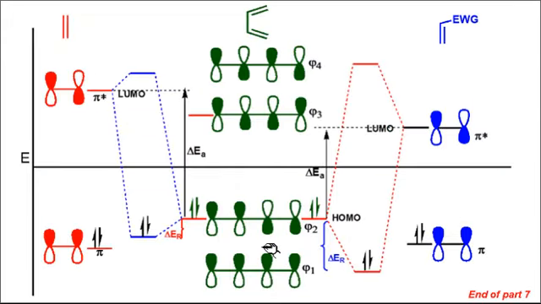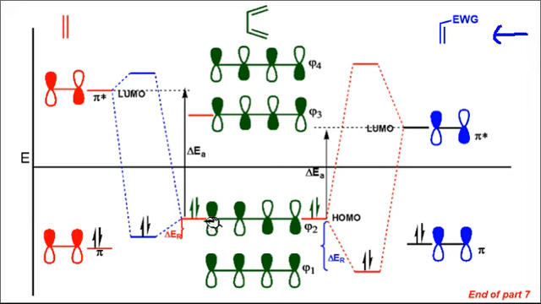Let's understand this by drawing the energy profile diagram again. In this case, we have fixed the diene and we have changed the dienophile by putting an electron withdrawing group on the dienophile. For the normal Diels-Alder reaction, when the diene and dienophile are unsubstituted, the molecular orbital diagram is shown here.